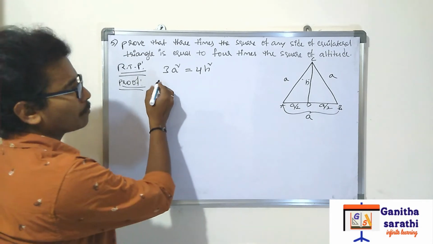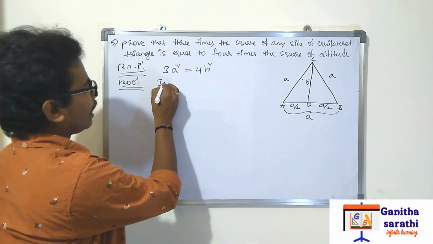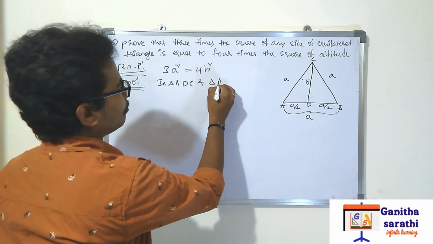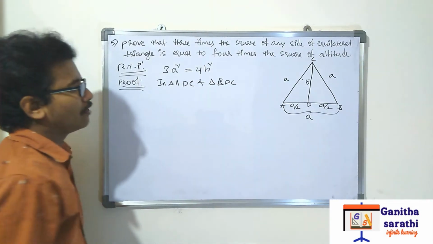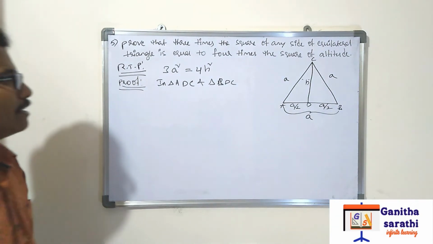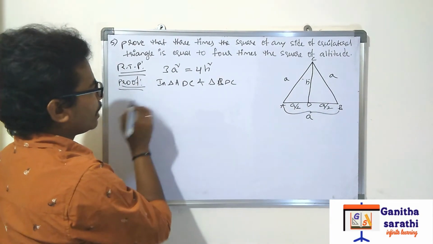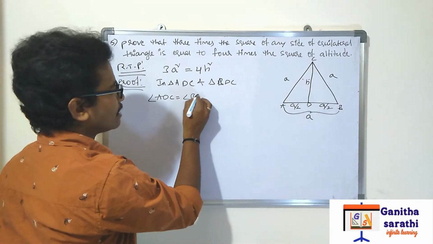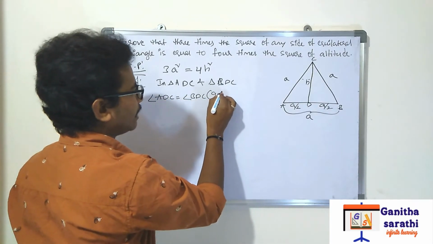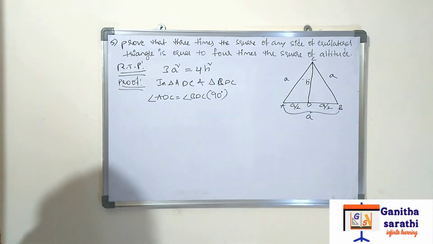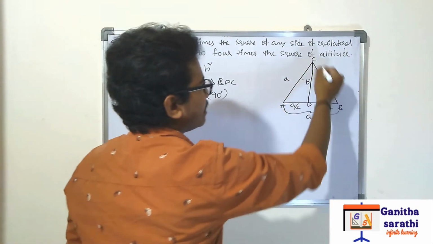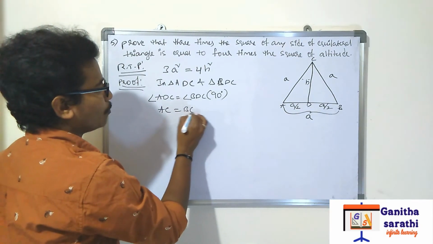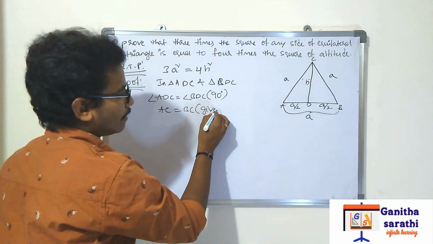Now see here, in triangle ADC and triangle BDC, we can write angle ADC is equal to angle BDC, that is 90 degrees, and also we can write AC is equal to BC, equilateral triangle, that is already given.